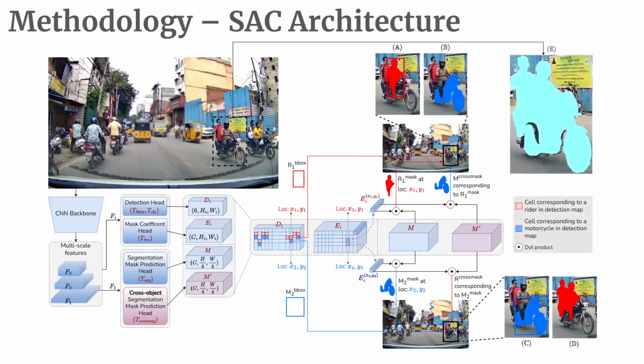After predicting a bounding box, a segmentation mask, and a cross-object segmentation mask for each potential object, we compute an association score between the riders and the motorcycles' predicted masks. This association score gives us a measure of how closely an object is related to its generated cross-mask.